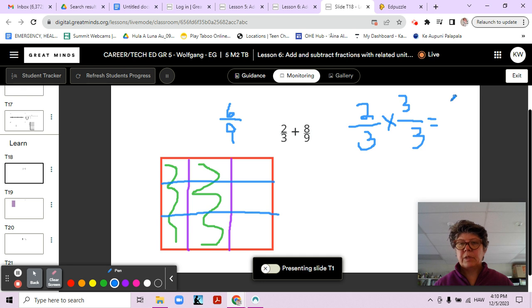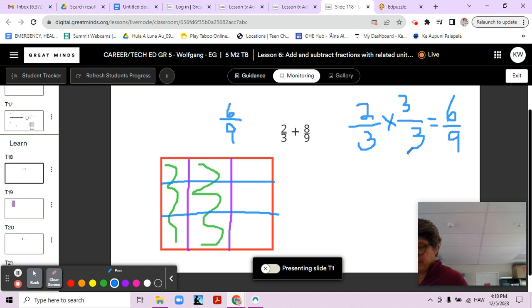That's what it means when you multiply fractions to change to equivalent fractions. You're breaking it into more parts. So we multiply the same top and bottom because everything's being broken into 3 more parts. 2 times 3 is 6, and 3 times 3 is 9. There's 3 times as many units in 6/9 as there were in 2/3.